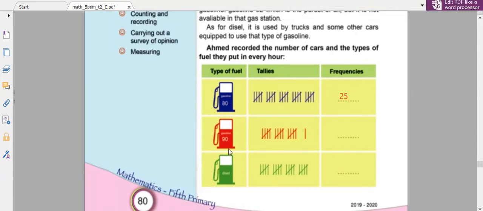Let's go to fuel 90, gasoline 90. Let's see how many cars we have from the tallies. We have here groups of 5, 5, 10, 15, and 1. 15 and 1 equal 16.